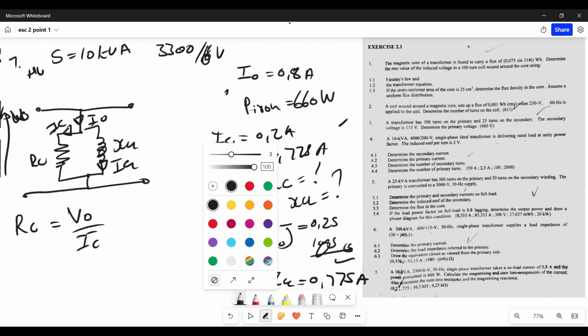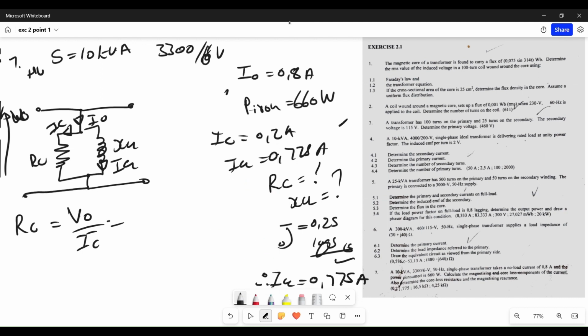So now our VO is 3300 divided by 0.2. Therefore, RC is equal to 16.5 kilo ohm.